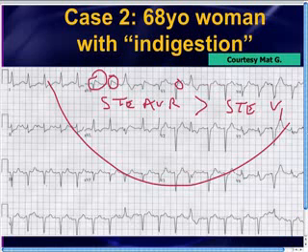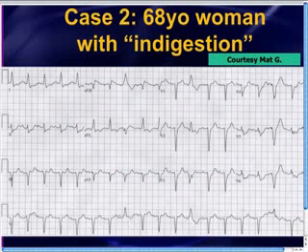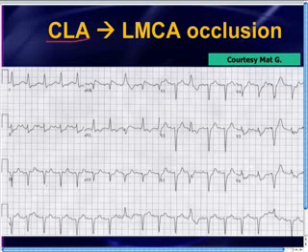And we have described that before as highly predictive of left main coronary occlusion. So the physicians that were taking care of this patient immediately activated the cath lab. CLA is cath lab activation. And the patient, who is hypotensive and heading towards shock, was found to have a left main coronary artery occlusion.